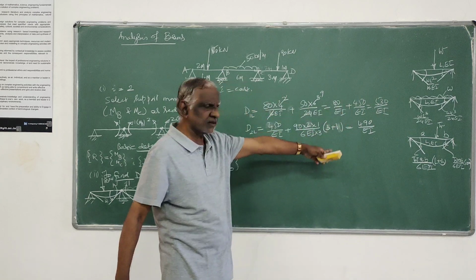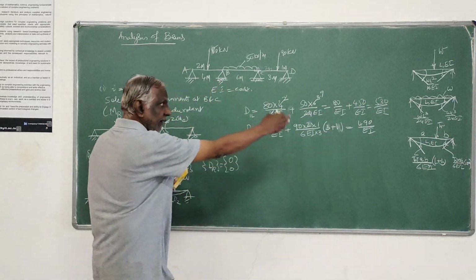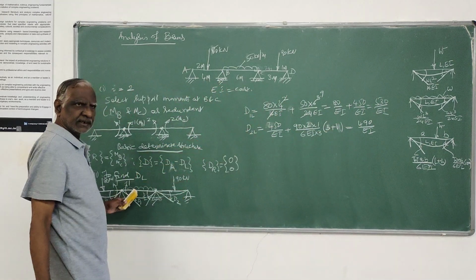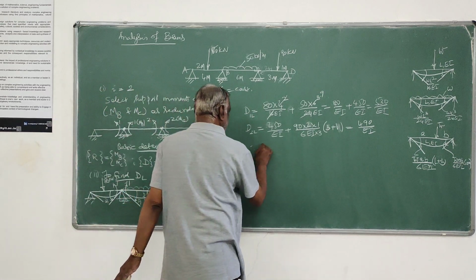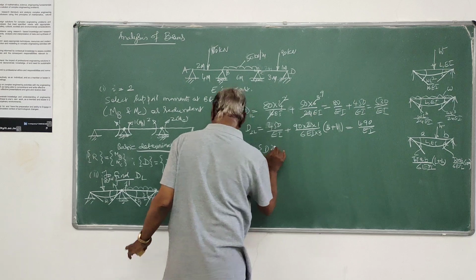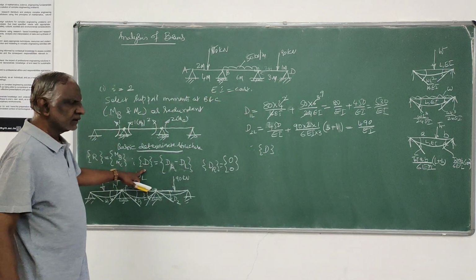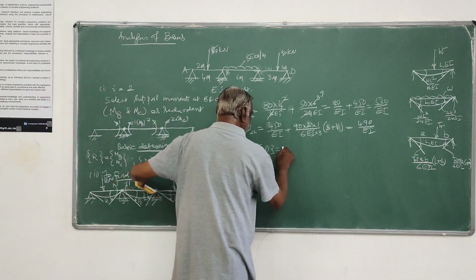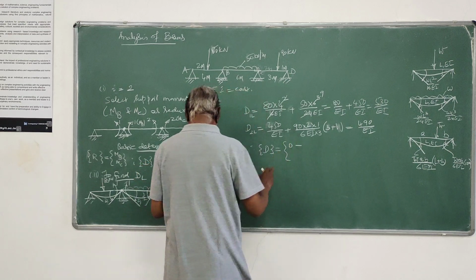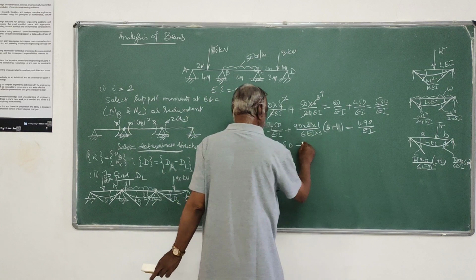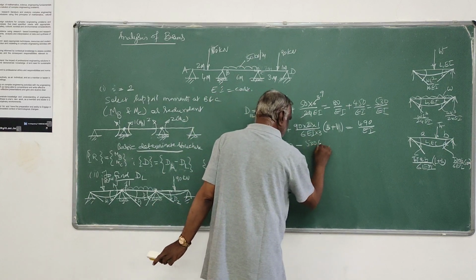I am getting positive sign only because same direction I have taken here as the coordinate. So therefore, your B, that displacement, it is nothing but dr minus dl. dl1, first one is 530 by EI.